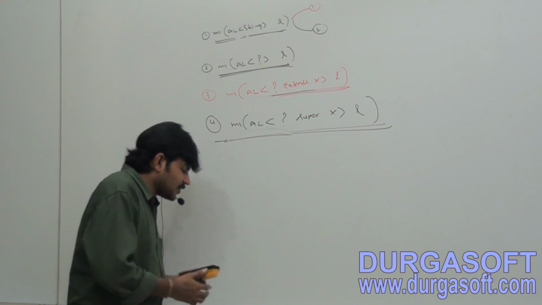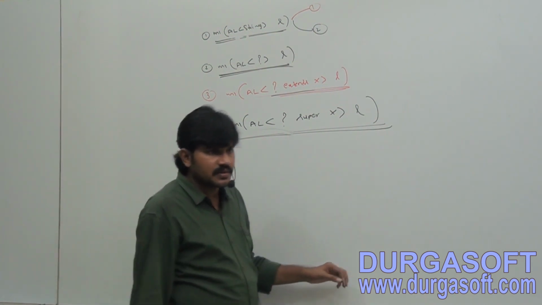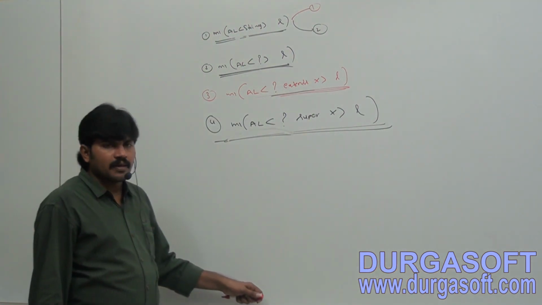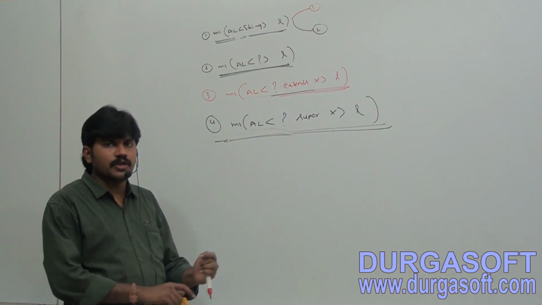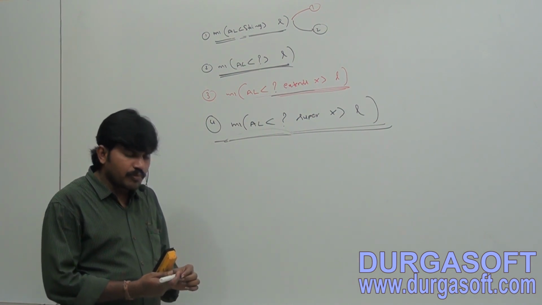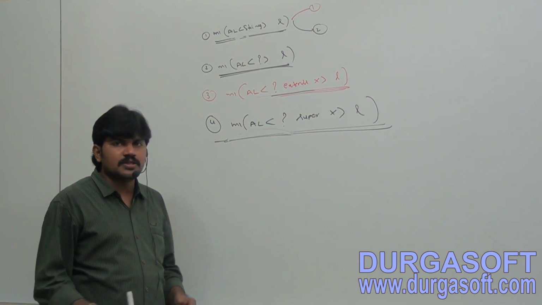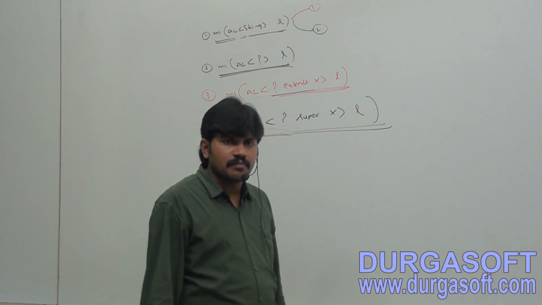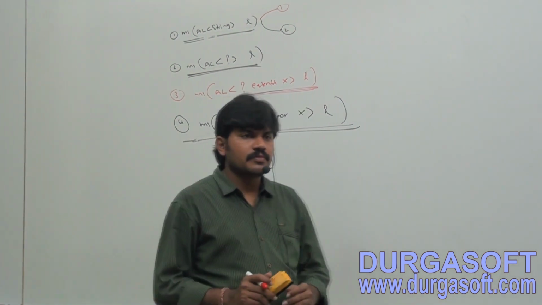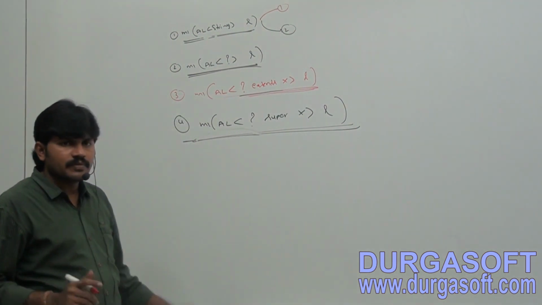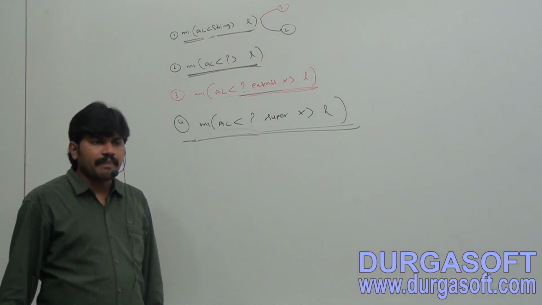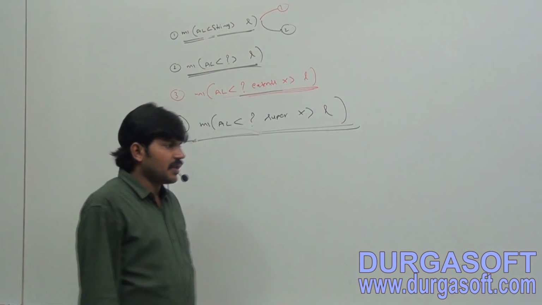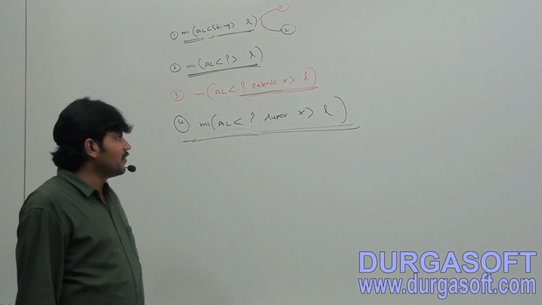Next, if x is an interface, then we can call this method by passing array list of either x type or its. 1 minute.